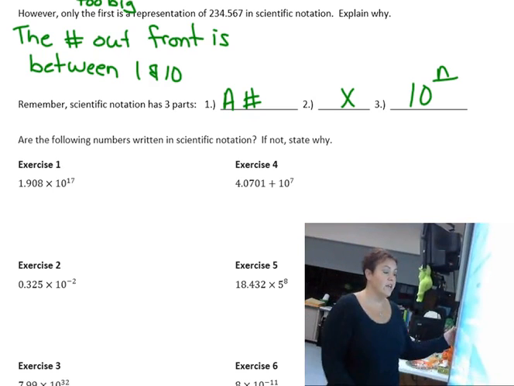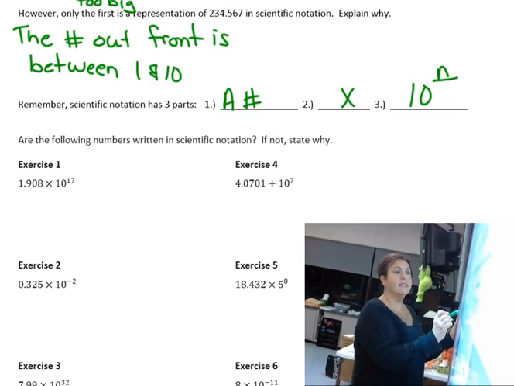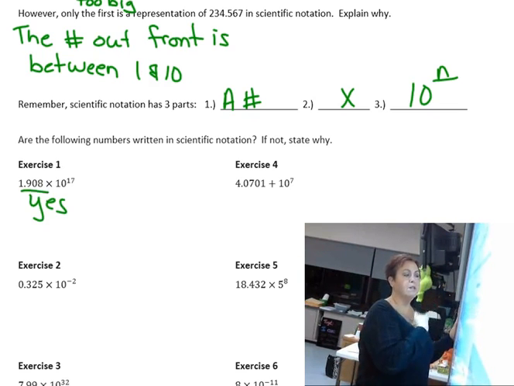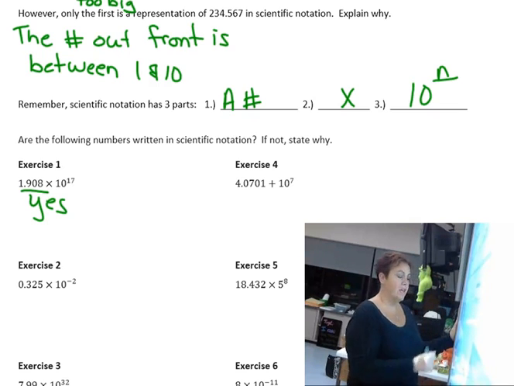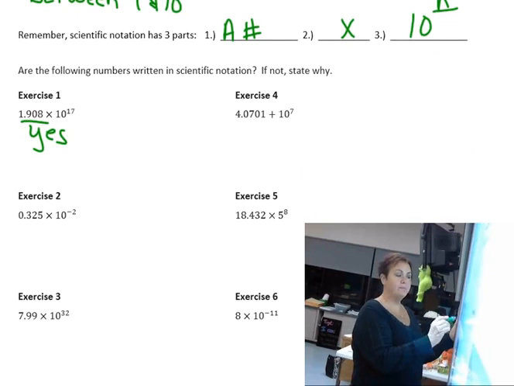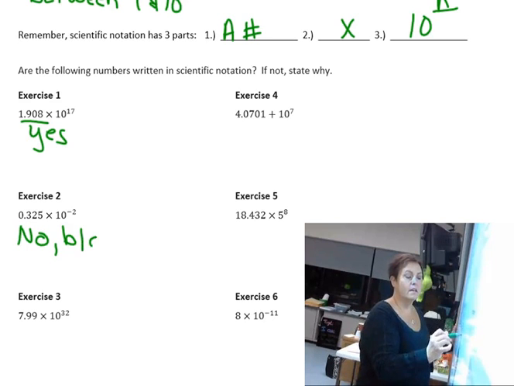All right, so let's take a look here. Exercise 1, is this written in scientific notation? Yes. This number is between 1 and 10 times 10 to some exponent. For exercise number 2, this is not written in scientific notation because 0.325 is too small.